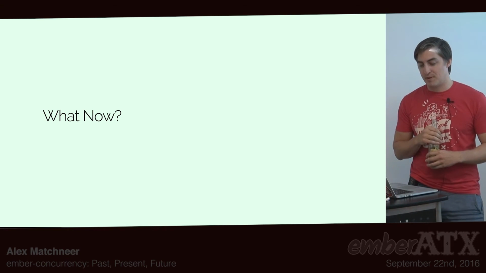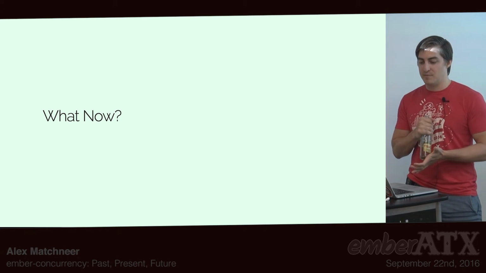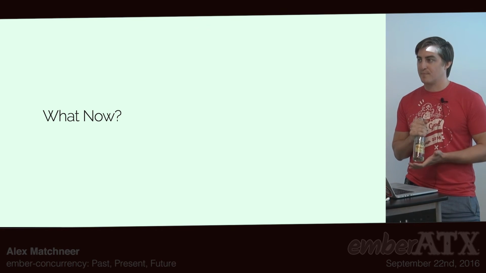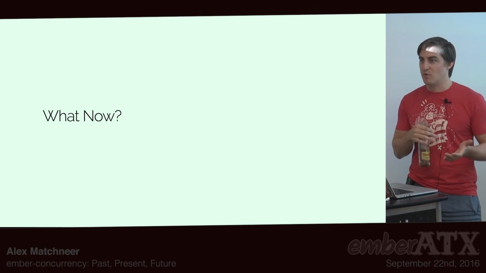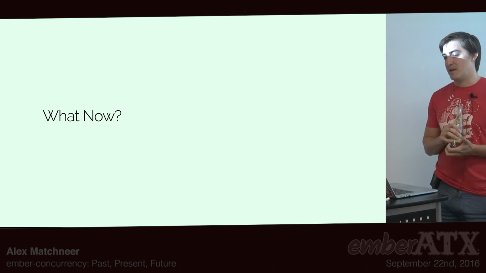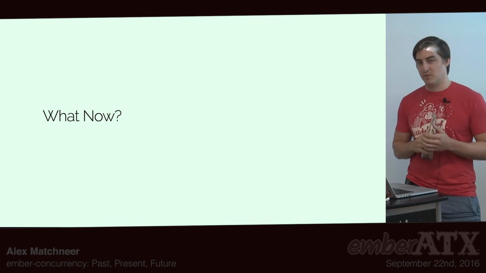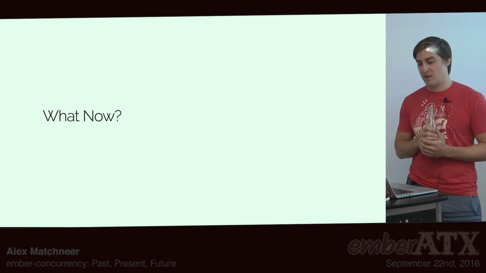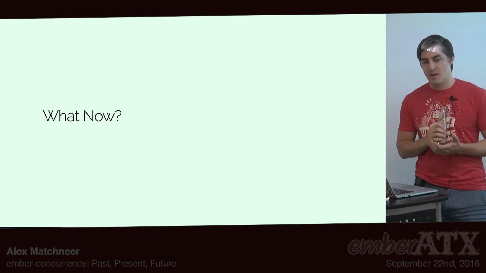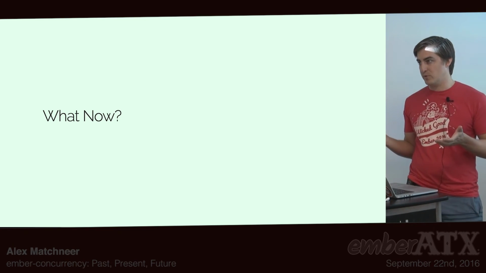So there's a possibility, and I haven't really talked to any of the core team about this since they've been mostly focusing on Glimmer, which is good, but at some point, once more and more people have had a chance to use Ember concurrency, I would hope that it might be the default primitive that you use instead of actions, and maybe even build nicer things around it into the framework. Because there's a lot of parts of Ember that don't really know how to interact with an asynchronous thing that's cancelable.